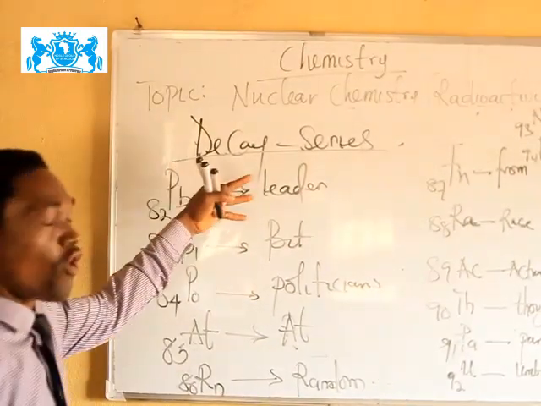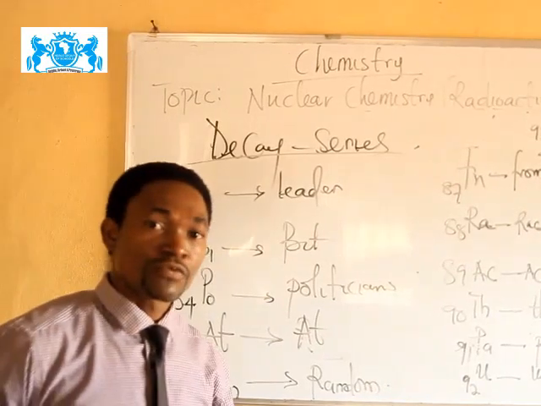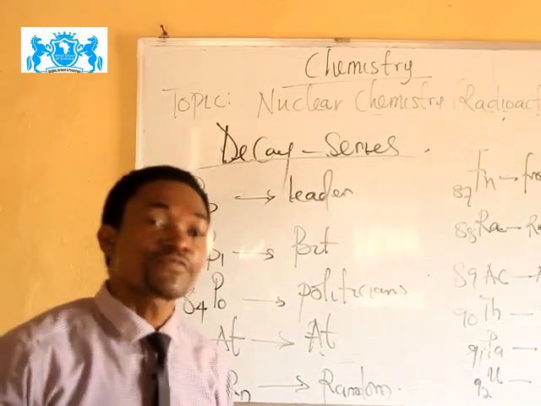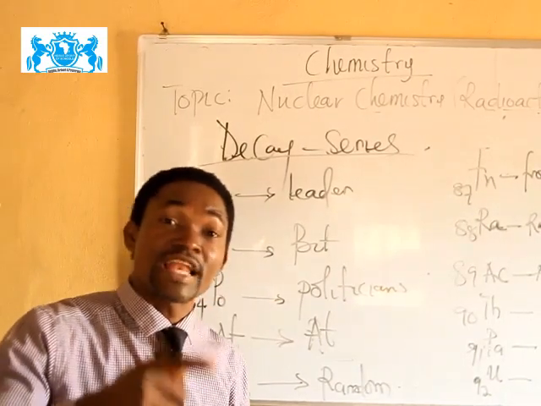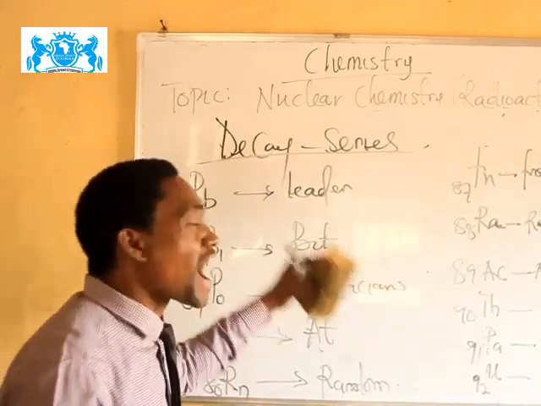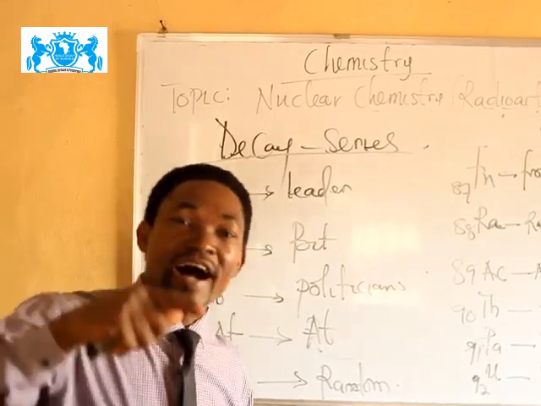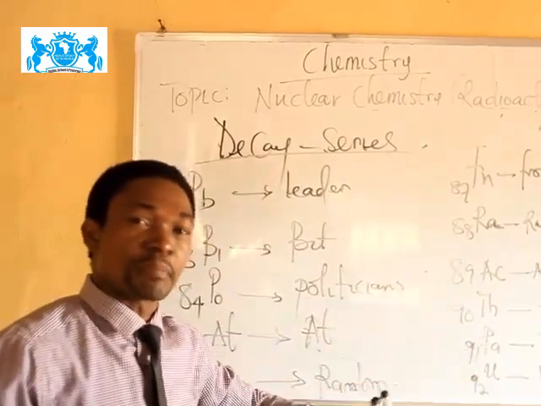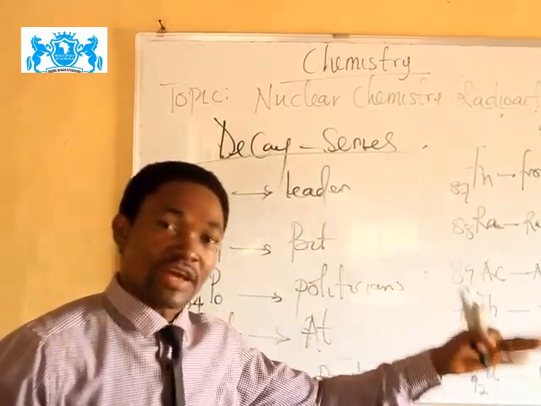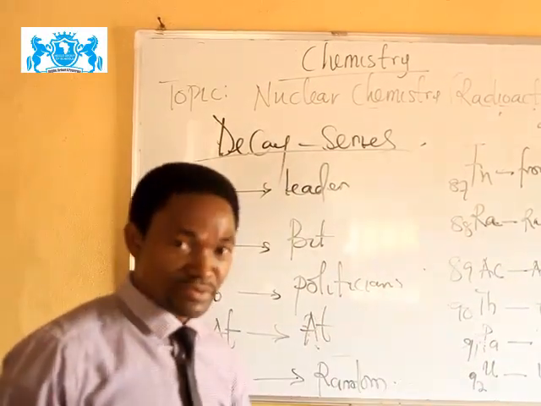According to the first law of radioactivity, if an element undergoes alpha decay, the daughter nucleus will be found 2 places to the left of the parent nucleus on the periodic table.